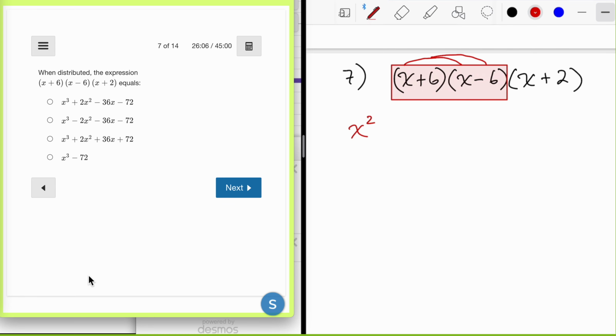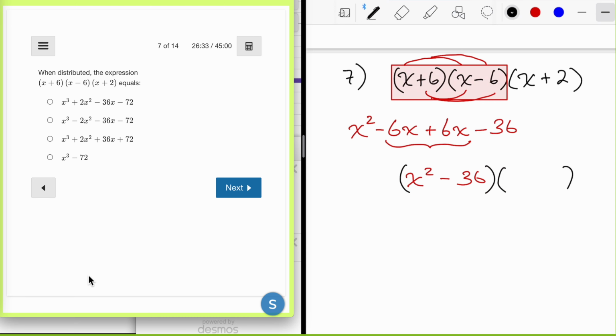The outer x times negative 6 is negative 6x, positive 6 times x is 6x, positive 6 times negative 6 is negative 36. Now you look at this and say, well, it's a 4-termed expression. What do you mean binomial? These two cancel out. So this whole expression becomes x squared minus 36. That's what I would take and multiply against the x plus 2.